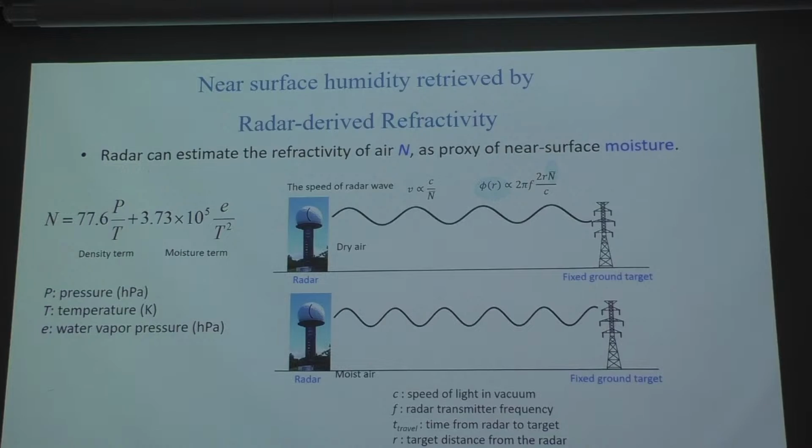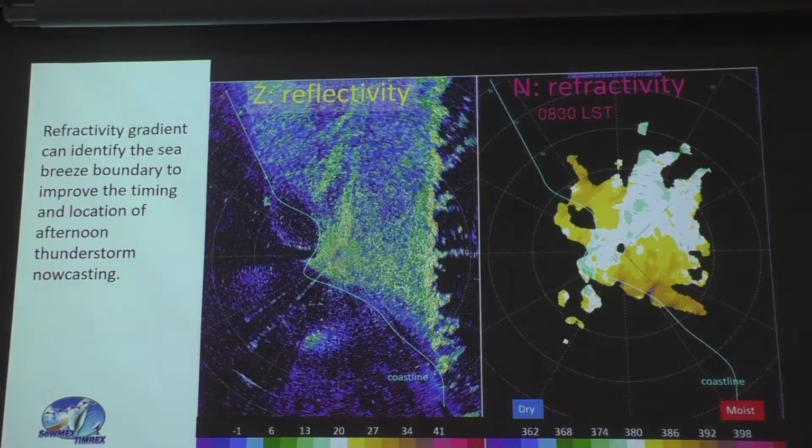Back in 1997, Professor Frederick Fabry at McGill University found this kind of feature and then tried to develop retrieval algorithms to obtain the near-surface humidity information.